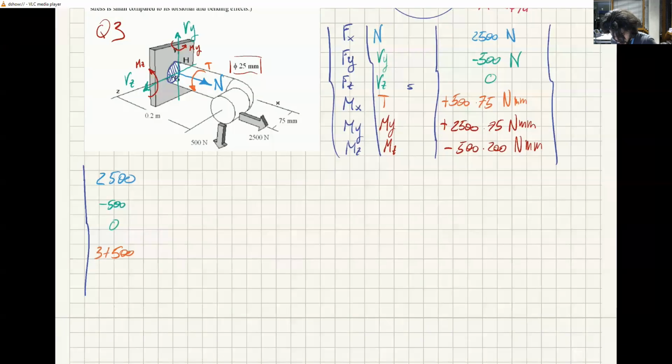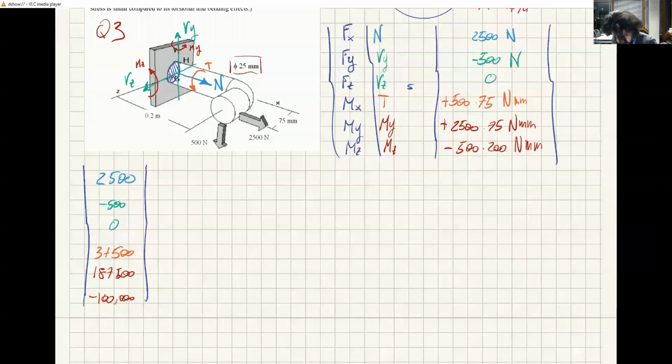The second to last value is 187,500. And the very last value is minus 100,000. These are the values.